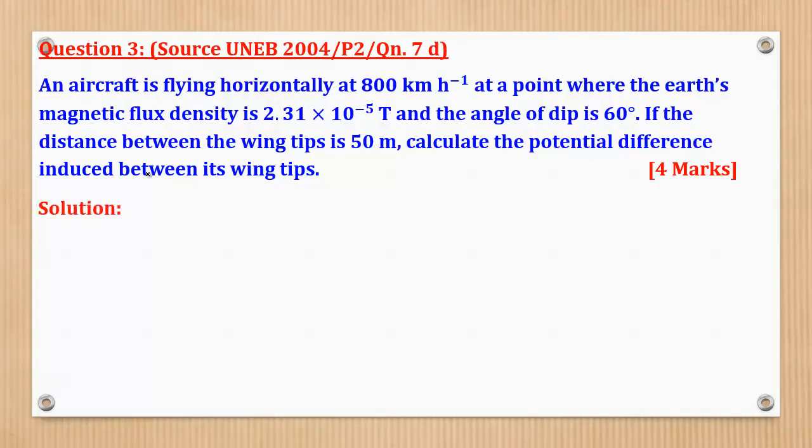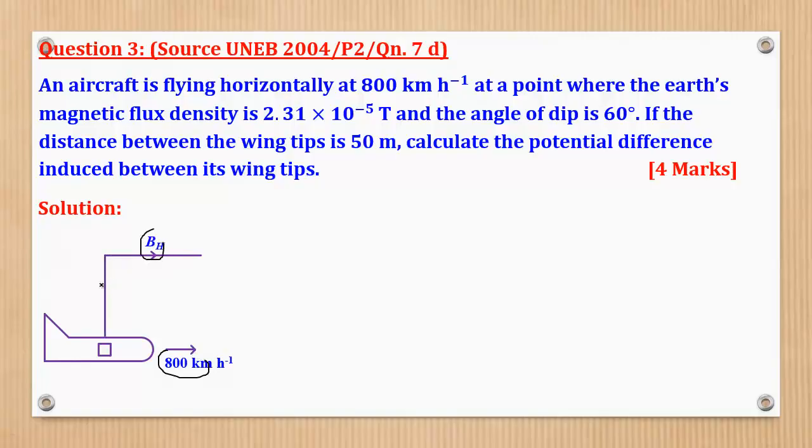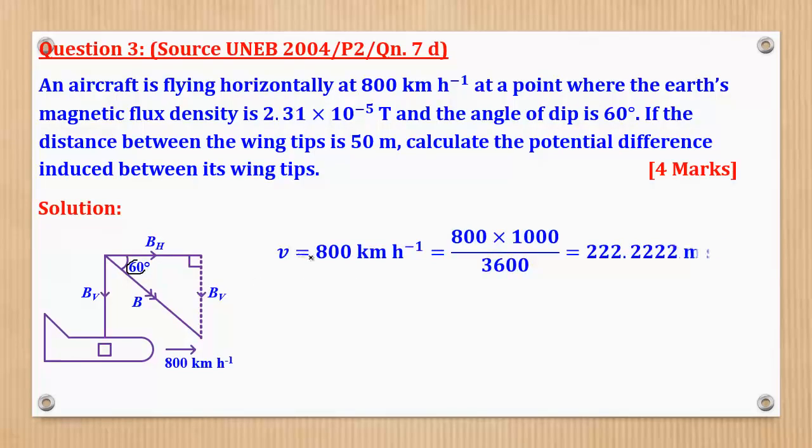That is now induced EMF of a moving conductor. So it is moving with the velocity of this. This will be the horizontal component, then this will be the vertical component, then the resultant, and the angle of dip. So B, velocity converted to meters per second, which is that.